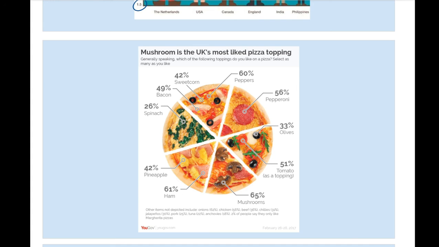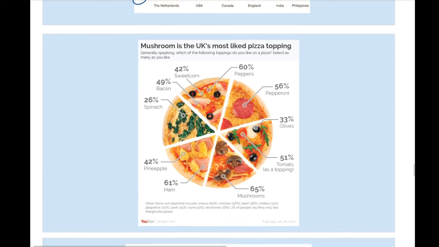So it doesn't quite make sense in terms of what they're showing here. It's almost like they just wanted to show a picture of pizza rather than actually have an accurate graph. So maybe they figured that having an image of a pizza might be more appealing, or might get people to look at their graph rather than a proportional pie chart.